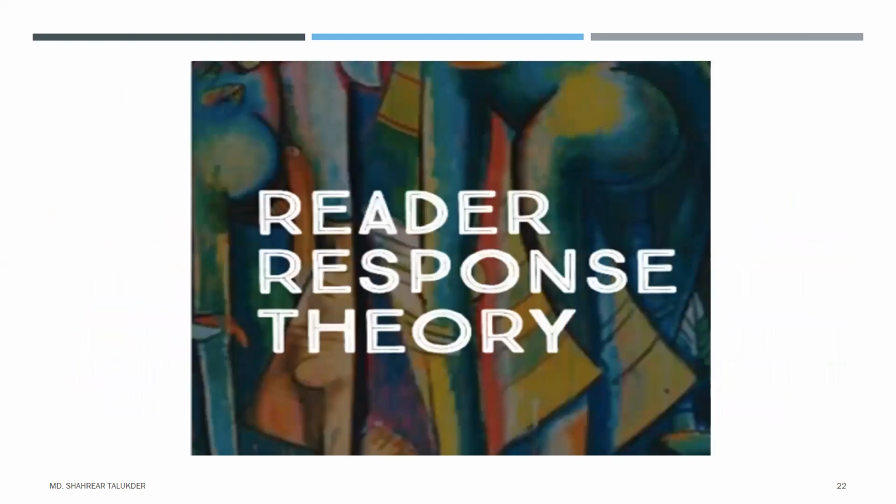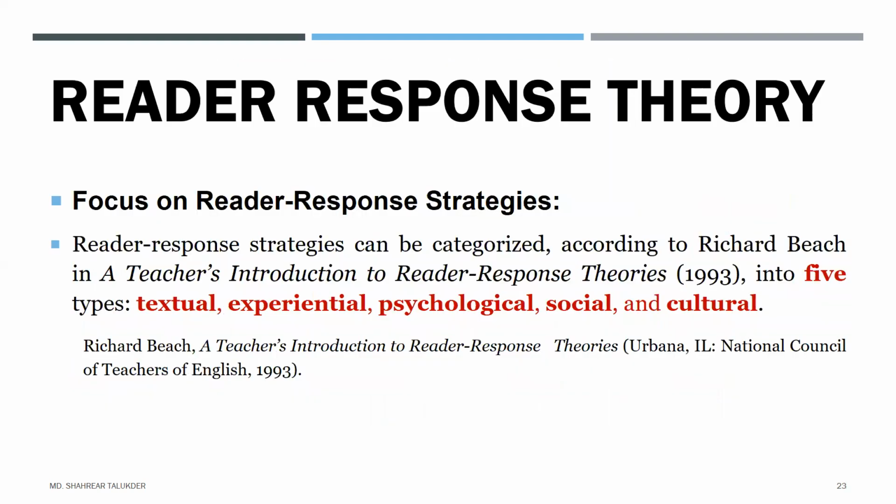Now, you see, focus on reader response strategies. There are some strategies that I'd like to focus on. As you can see, reader response strategies can be categorized according to Richard Beach in A Teacher's Introduction to Reader Response Theories. He said that we can classify the reader response strategies into five different types.